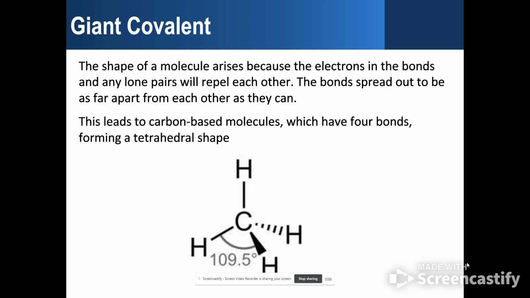This is the biggest angle those shared pairs of electrons can be apart from each other. Electrons are negative and therefore they will repel and try and move as far away as possible. You must know the bond angle of 109.5 for any atom that is forming 4 single bonds in Unit 1.